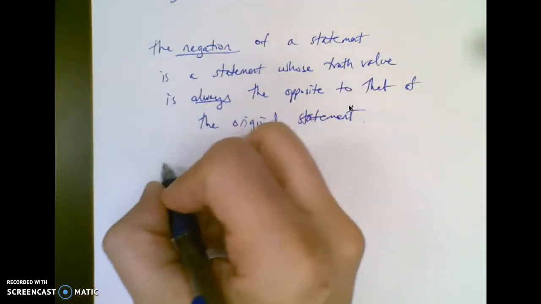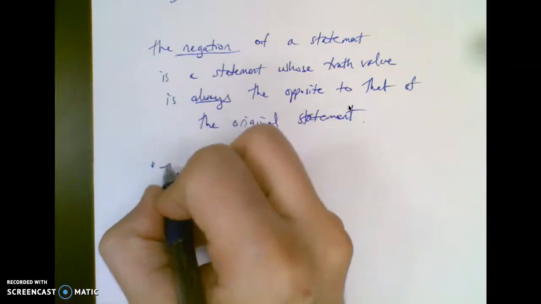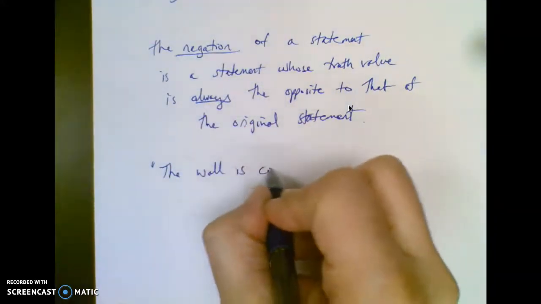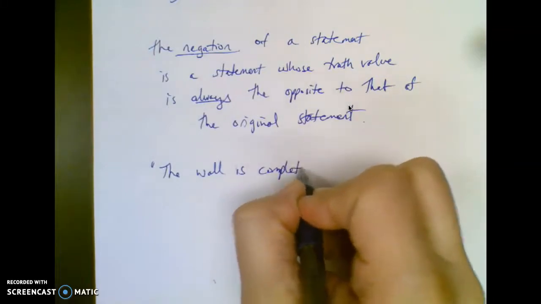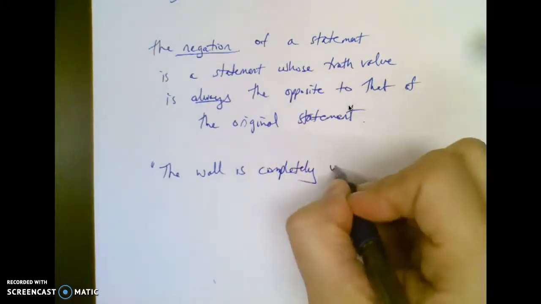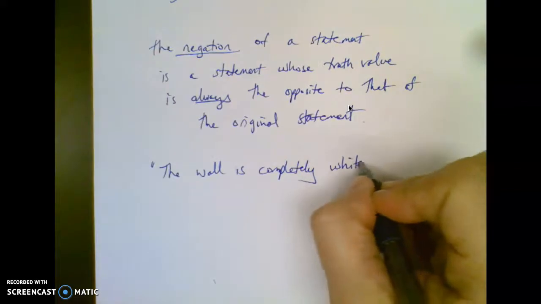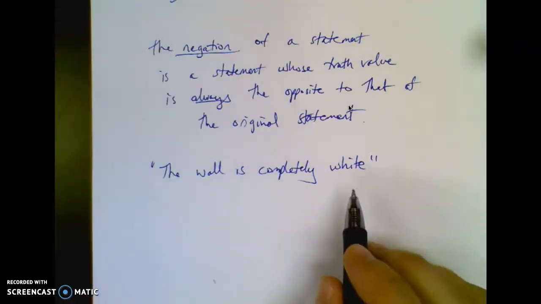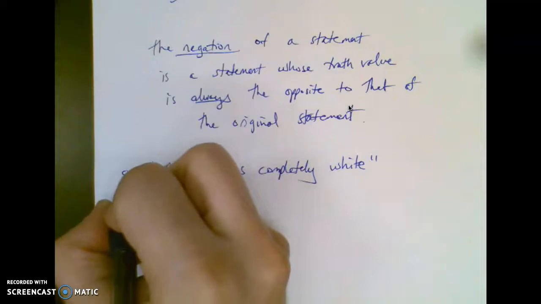So if I said, here's a statement, you put it in quotes usually: "The wall is completely white." That's my statement. Usually I'll do an S for that.